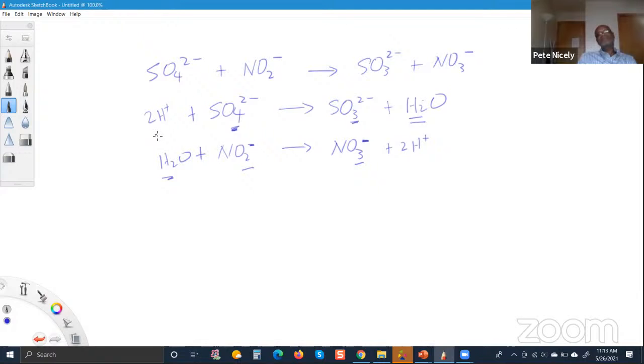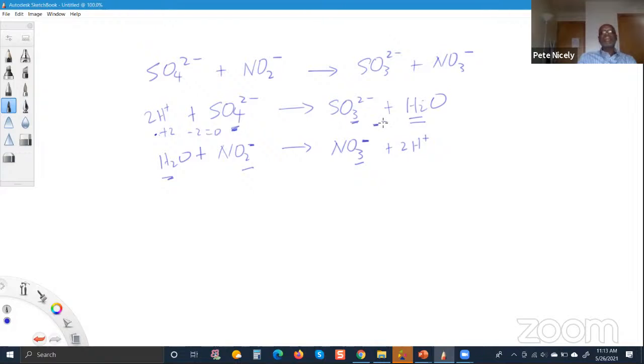How many charges do we have total on the left side? We have +2, -2, so that's 0. Mm-hmm.